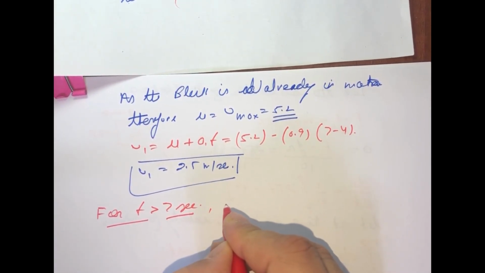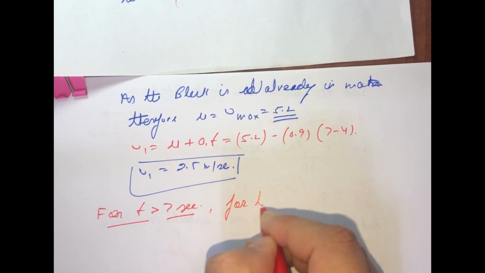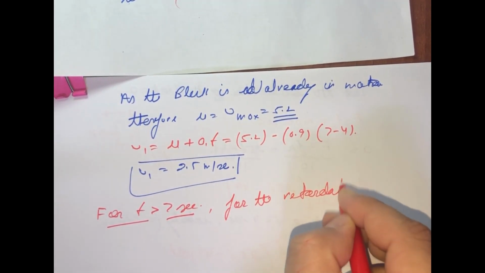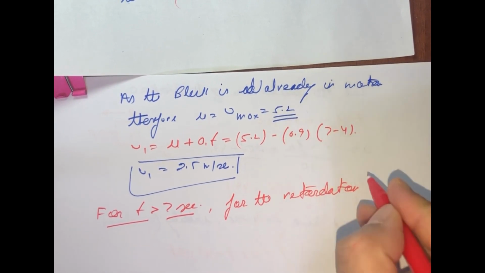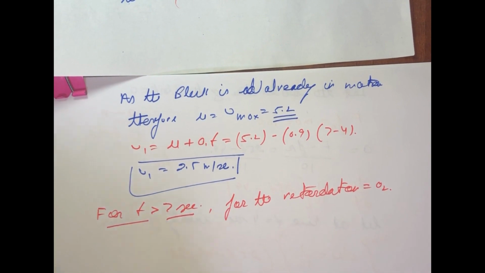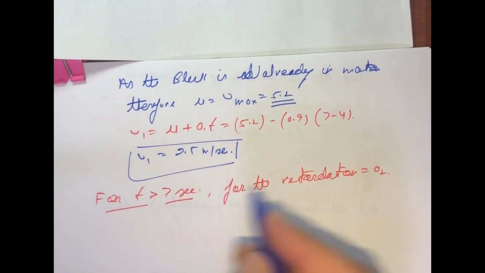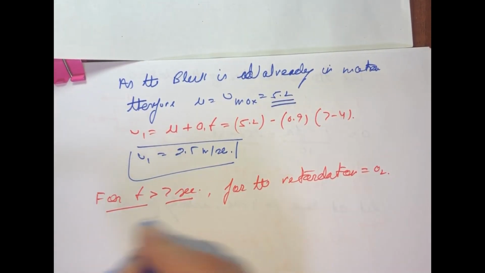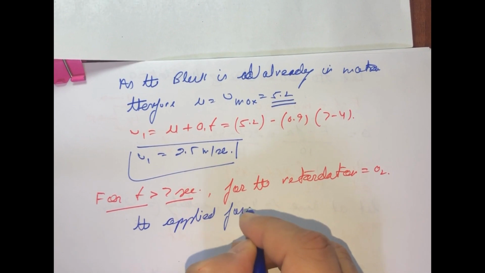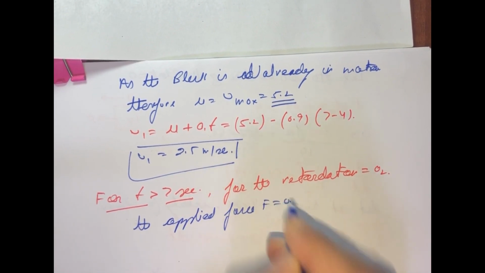So you can say the retardation is equal to A2, and the applied force is 0. The applied force F is equal to 0.